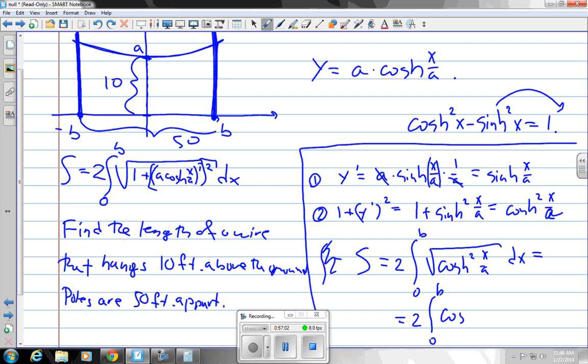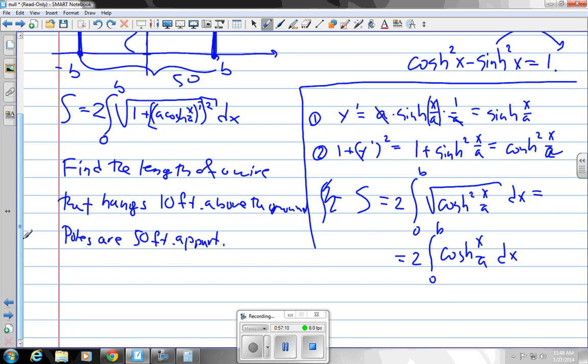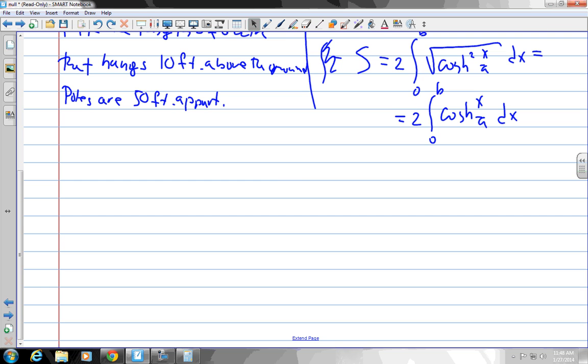So this is where we're at. So then if I want to integrate that, what's the antiderivative of cosh? Yeah, x over a, but I need to do something else.